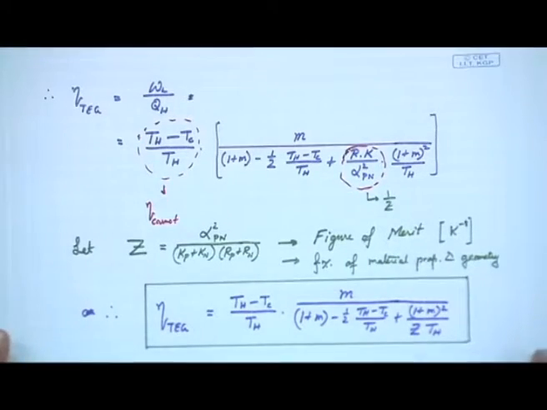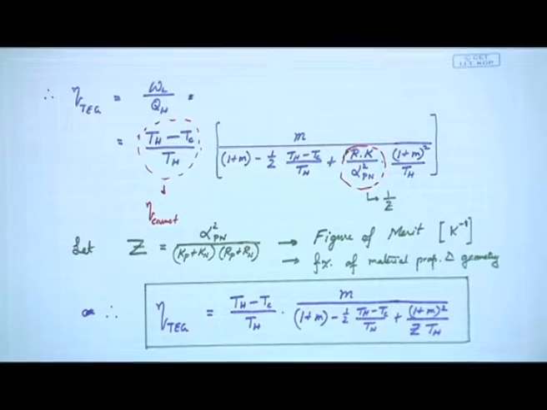You remember last time what we did was we tried to do some performance analysis of a thermoelectric module, and we came up with this expression where the efficiency of the thermoelectric generator was shown to be a function of a bunch of parameters. It was a function of the temperatures of the two junctions, that is TH and TC.